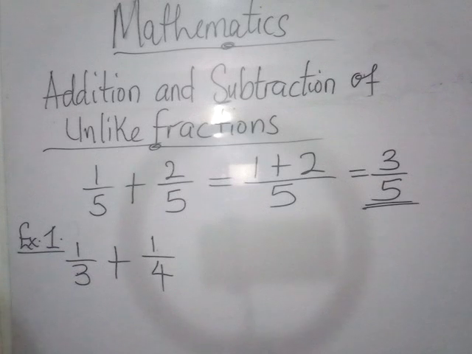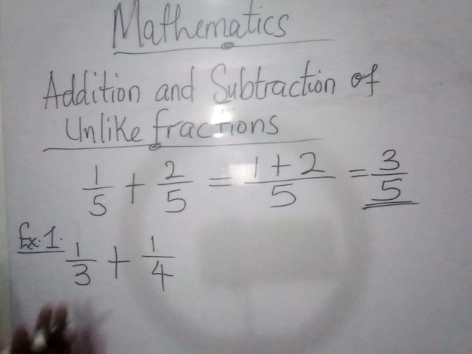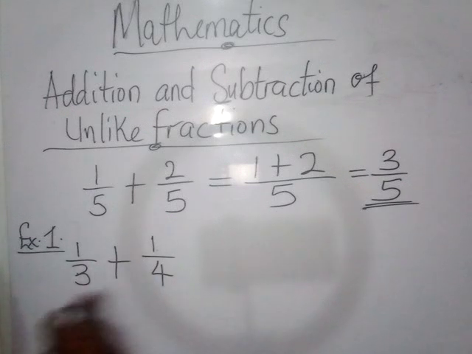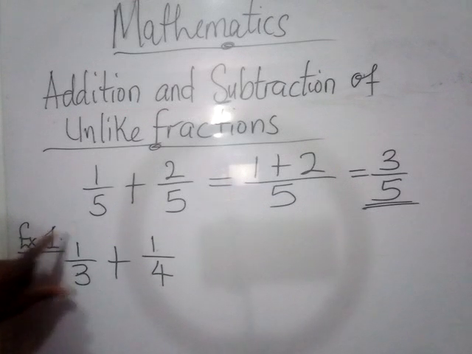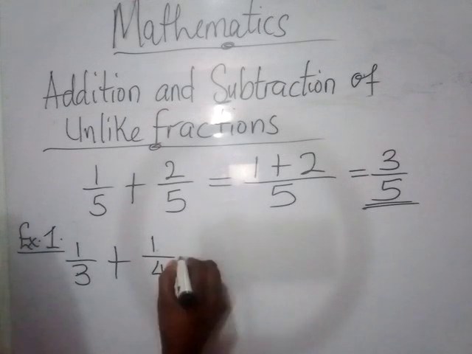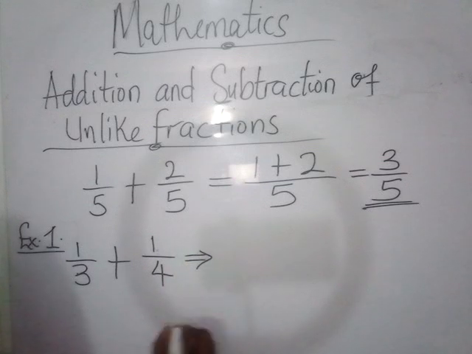So in order for us to be able to add these two numbers, remember they don't have the same denominators. That's why they are called unlike fractions. In order for us to be able to do this addition, we need to try and make them have the same denominator.